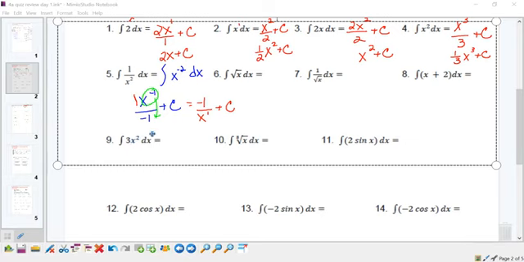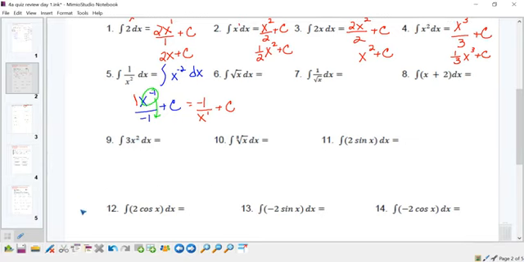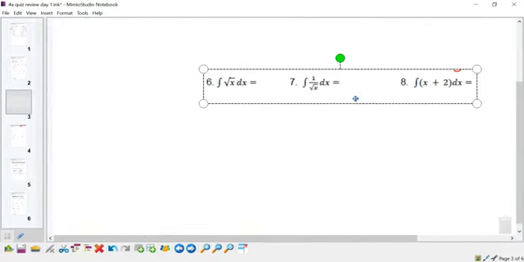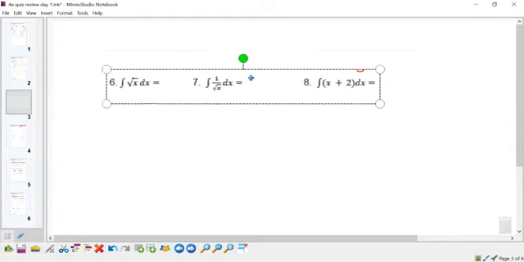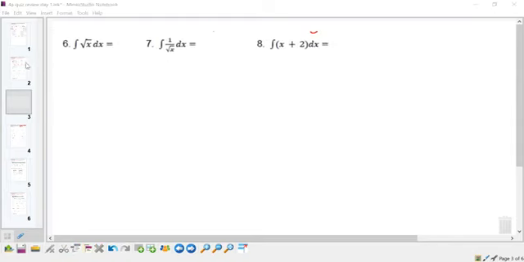All right, for 6, while I copy this over, we can't do the antiderivative with the square root. I need an exponent. All right, so for 6, I got the antiderivative of x to the 1/2 dx.